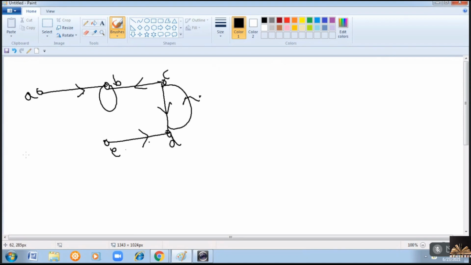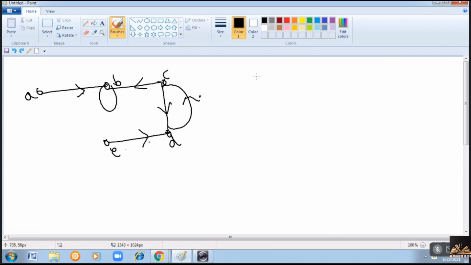So, degree of a vertex in an undirected graph is equal to in degree of the vertex plus out degree of the vertex in a directed graph. So if there are no arcs, if there is no direction, then it will be like an undirected graph, right? So the degree of any vertex in an undirected graph is equal to in degree of the vertex plus out degree of the vertex in case of a directed graph. Clear?